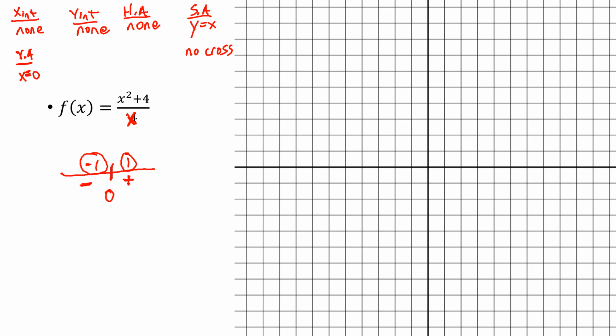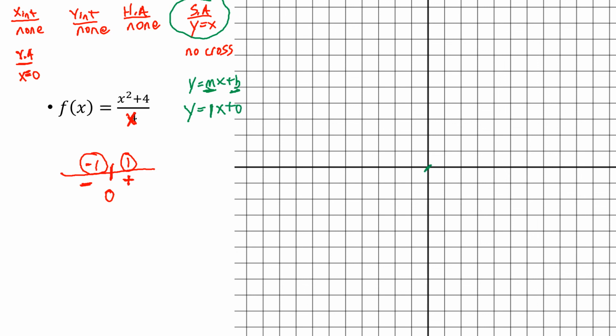So now let's put everything together and make our graph. We know that our slant asymptote is the line y equals x. So we have to remember a little bit of algebra 1 to graph it. y equals mx plus b, where m is the slope and b is the y-intercept. If we have the line y equals x, the slope is 1 and the y-intercept is 0.